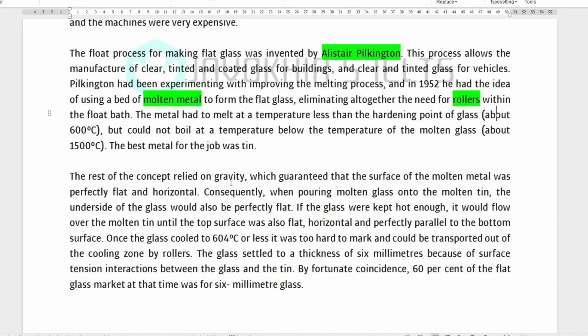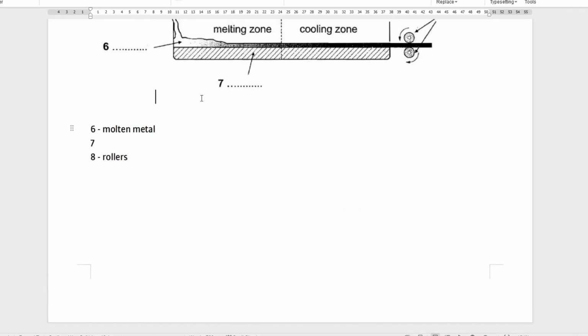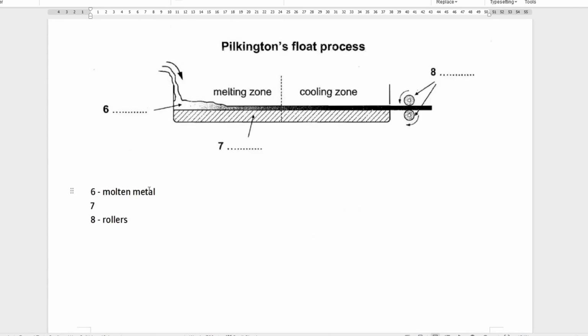The rest of the concept relied on gravity, which guaranteed that the surface of the molten metal was perfectly flat and horizontal. Consequently, when pouring molten glass onto the molten tin, so there we go. So it's not molten metal, it's molten glass.